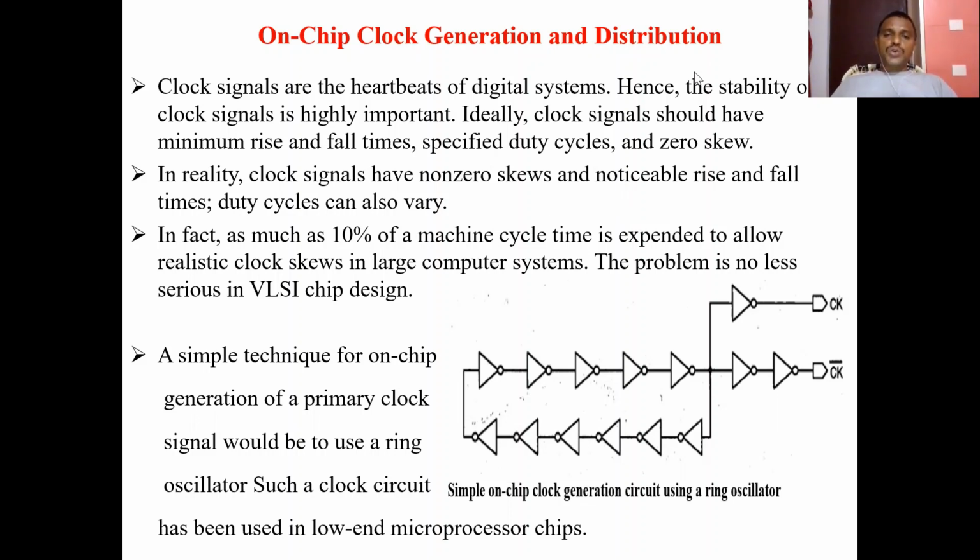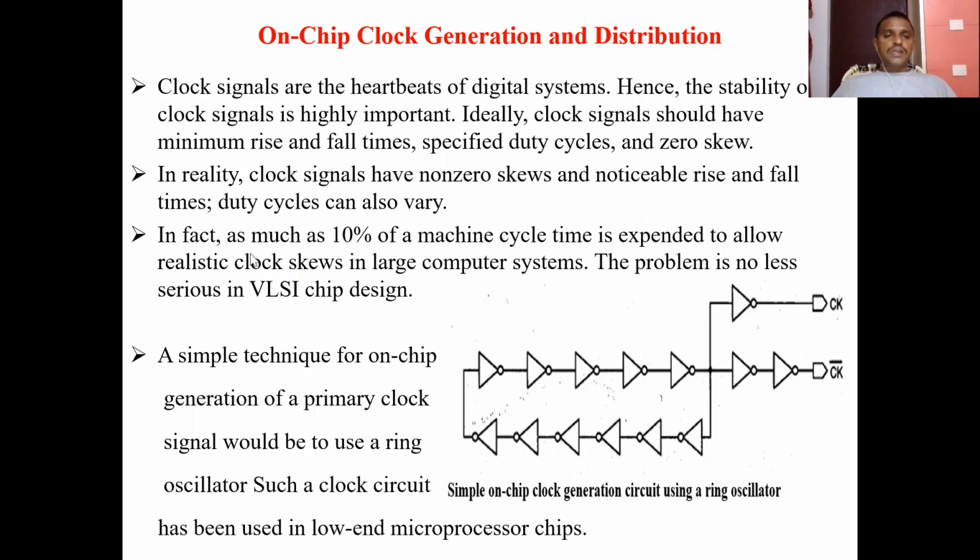If that clock skew is very small, automatically the delay will be less. That's why we require zero clock skew, but in reality it does not happen. We have non-zero clock skew. In reality, clock signals have non-zero skews and noticeable rise and fall times. Duty cycles can also vary.